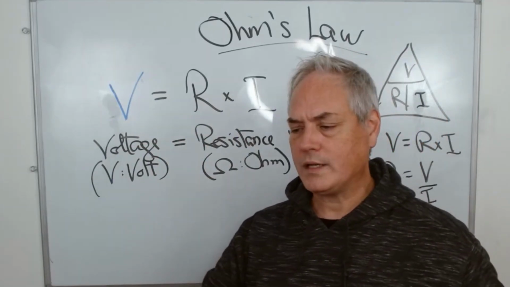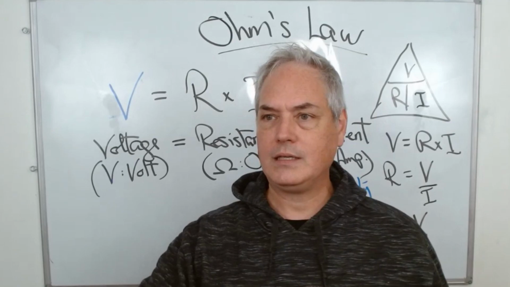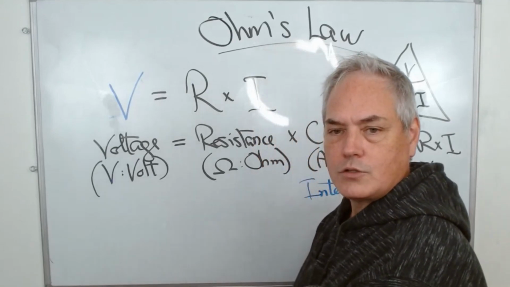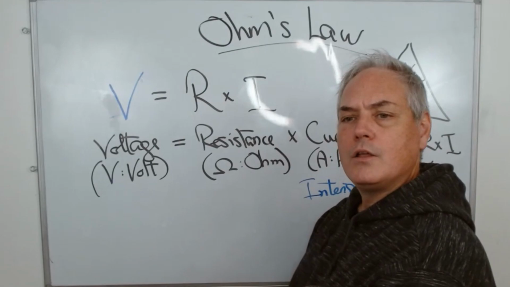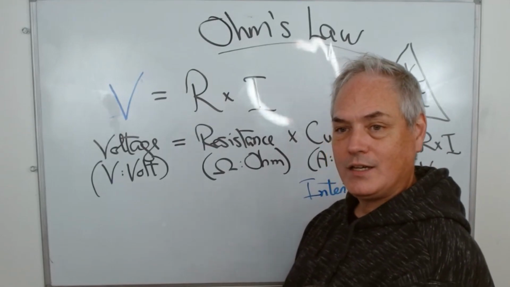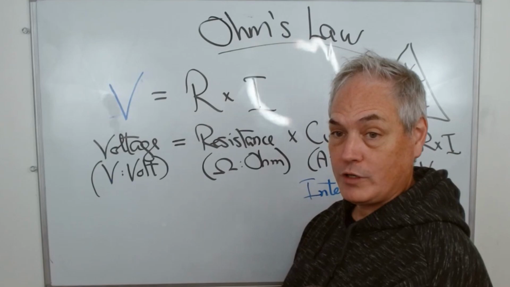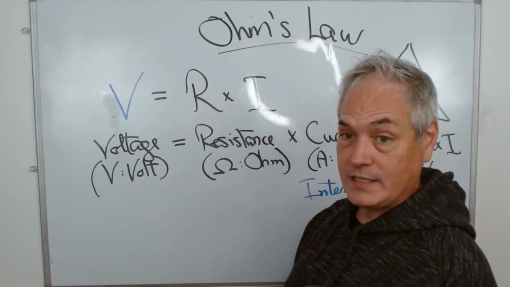Now, let's have an example. I think that's always a good thing. So I had some examples set up here. My question is, how much voltage would be necessary to generate 10 amps of current in a circuit that has 5 ohms of resistance?